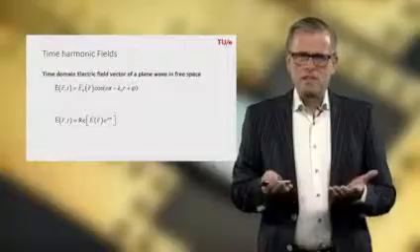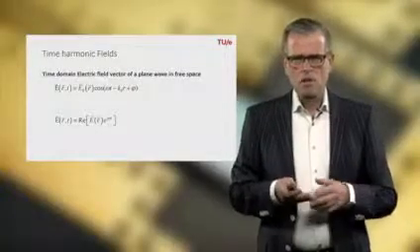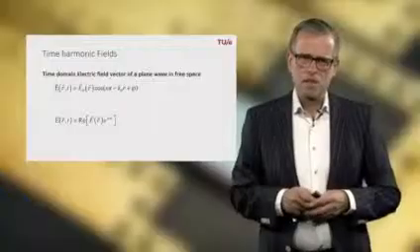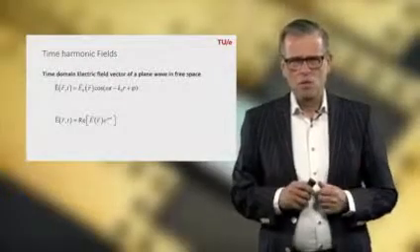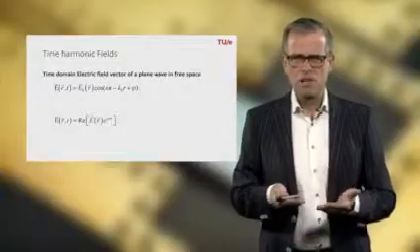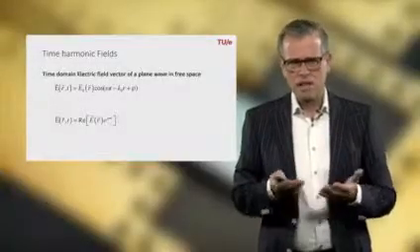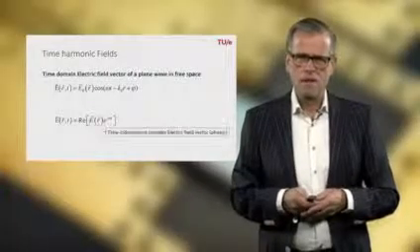We can then also write this time domain representation in terms of the real part of a complex representation, as indicated here. So we have the vector E, which is a phasor, so it's the frequency domain representation of the electric field in this case, times e to the power j omega t.